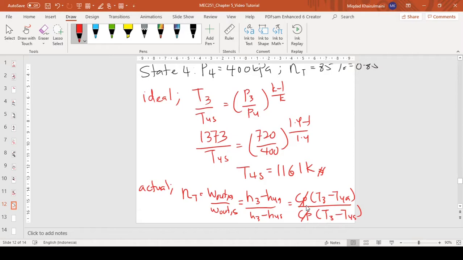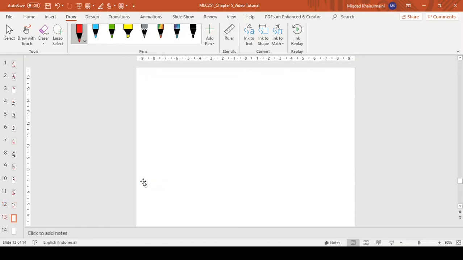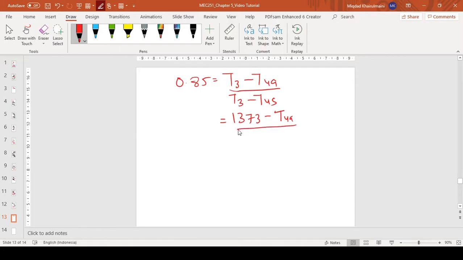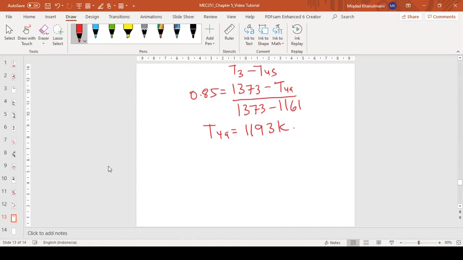So 0.85 equals (T3 minus T4A) over (T3 minus T4S). Substituting the values, with T3 equal to 1373 and T4S equal to 1161, we want to calculate T4A. The answer is 1193 Kelvin.